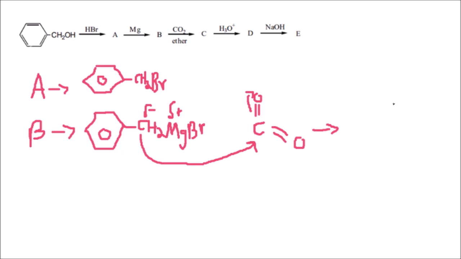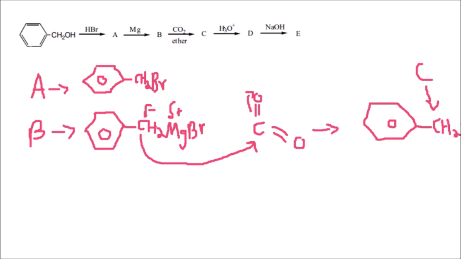So we're gonna get this. This is 6 carbons, okay? So CH2, and the CH2 is connected to the carbonyl carbon and O minus, like this. So this is C.